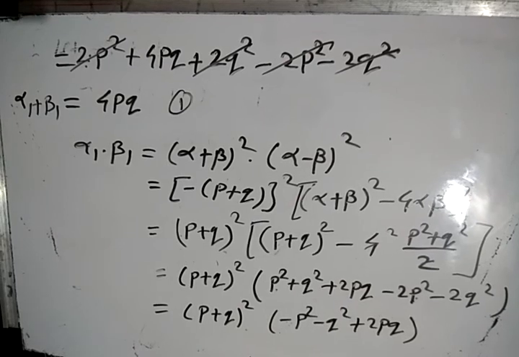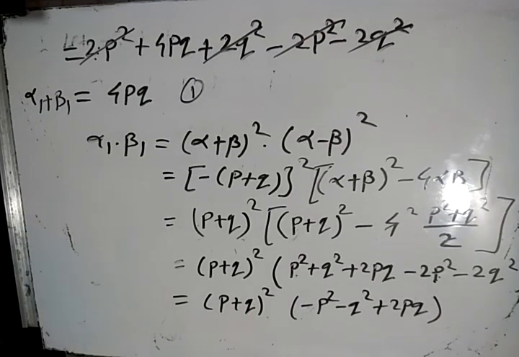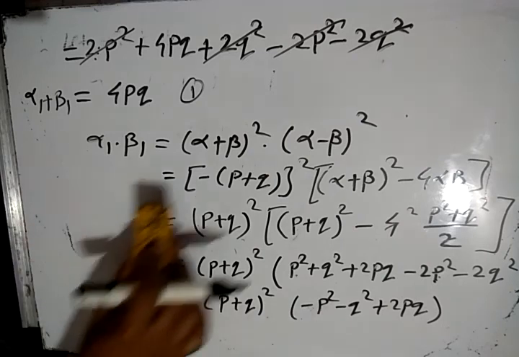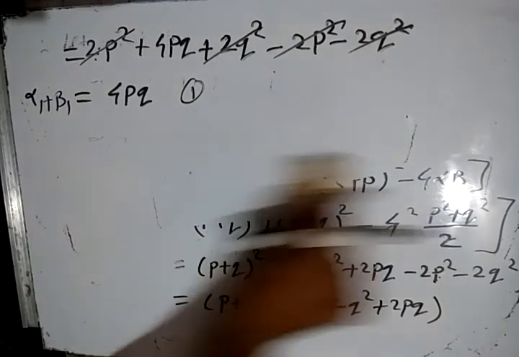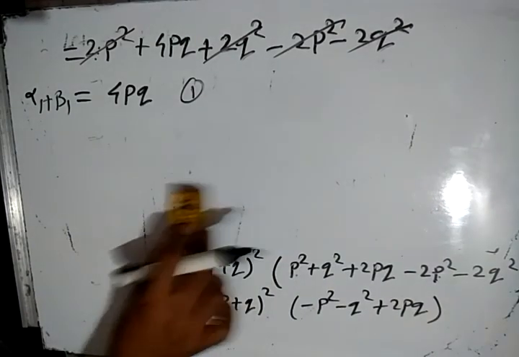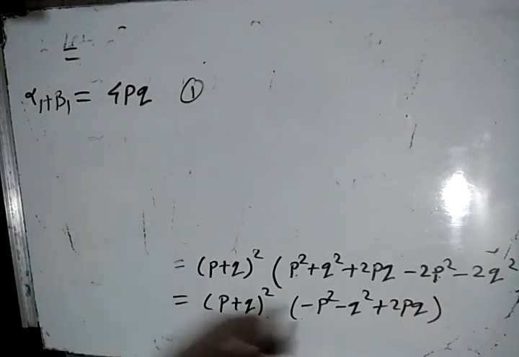After getting this statement here, what you can write? Take a minus sign common outside the bracket. Therefore, when we write the minus sign outside the bracket, what we can write?